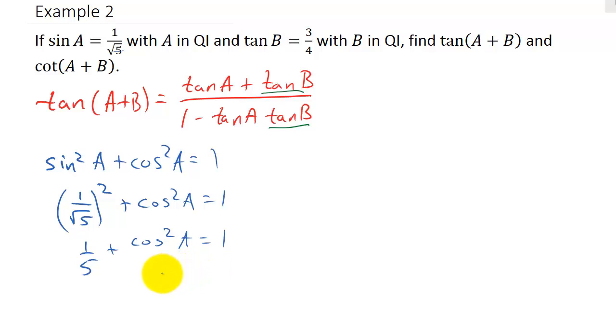Alright, so now if I subtract 1/5 from both sides, that gets rid of it over here. So 1 minus 1/5, I get a common denominator of 5, so I get cosine squared A is equal to 4/5.